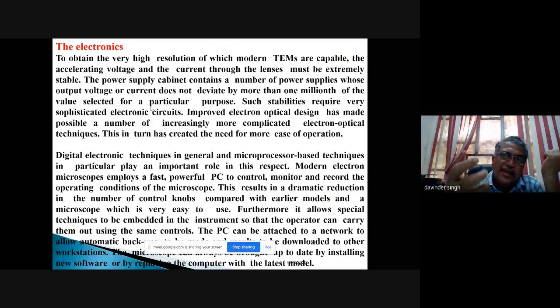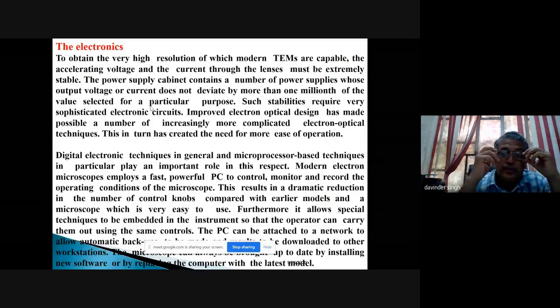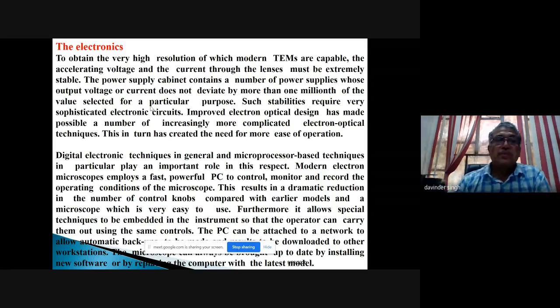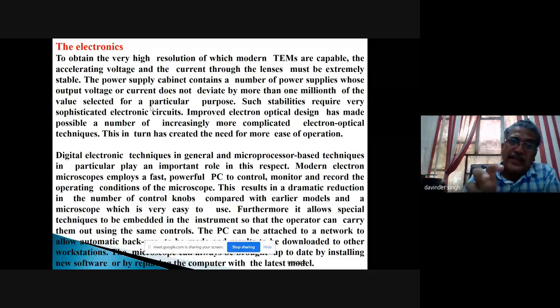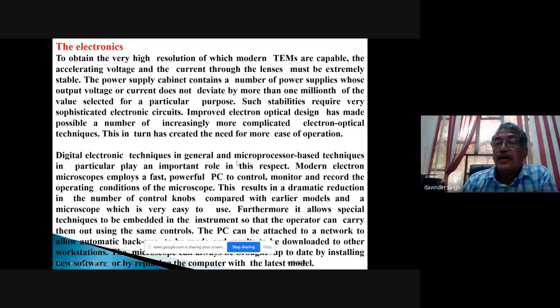So in that sense, the detector plays a major role. For the detector, you have to face a lot of signal to noise ratio problems, because if there is noise, you cannot get better information. So definitely, better electronics is required for all these systems. Digital electronics techniques in general, and microprocessor based techniques in particular, play an important role in this respect.